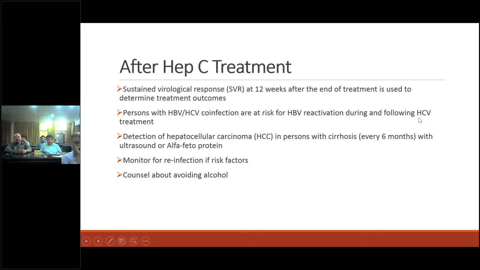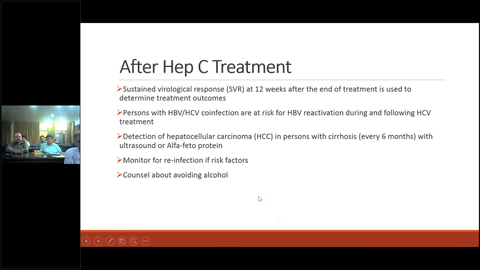These patients can also have complications with other systemic manifestations, such as symptomatic vasculitis due to cryoglobulinemia that can affect the skin, renal disease, so it may cause a type of glomerulonephritis, and may also cause porphyria cutanea tarda.